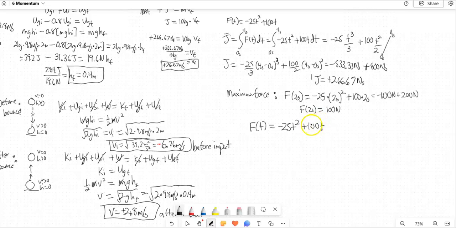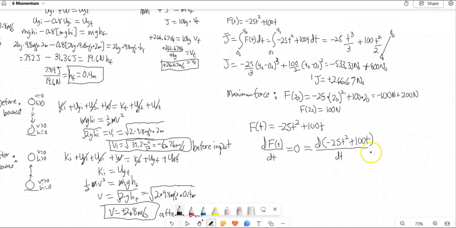Okay, and here's what I'm saying. If we know when it reaches that maximum slope, and that's a derivative, by the way, we take the derivative of that function with respect to time, and we set it equal to 0. So in other words, we're going to take this function of negative 25 t squared plus 100 t, and we're going to take that derivative with respect to time, and whatever that works out to be, that's a slope, and we're going to set that equal to 0.